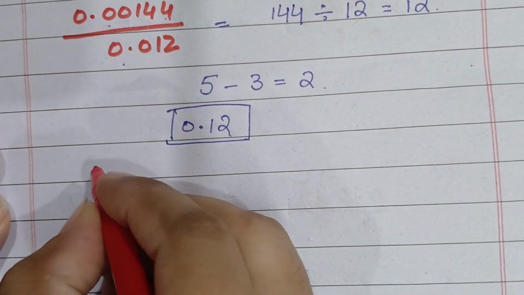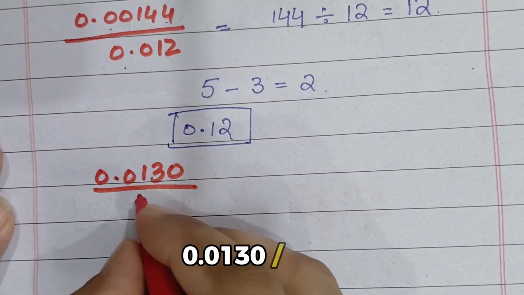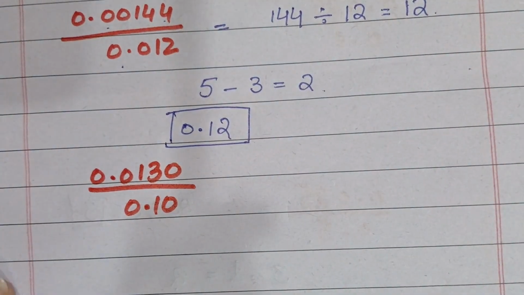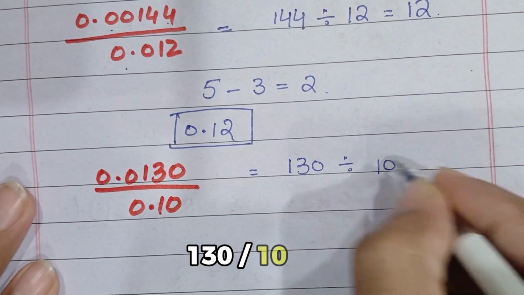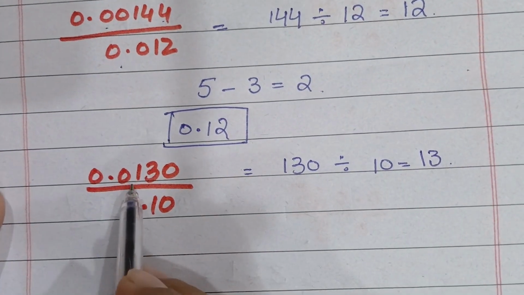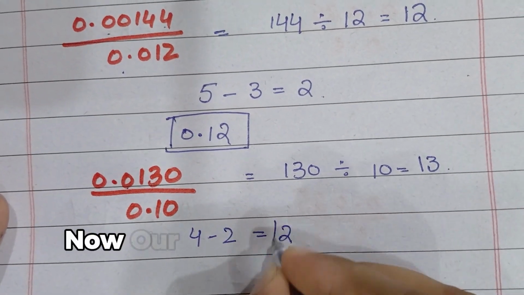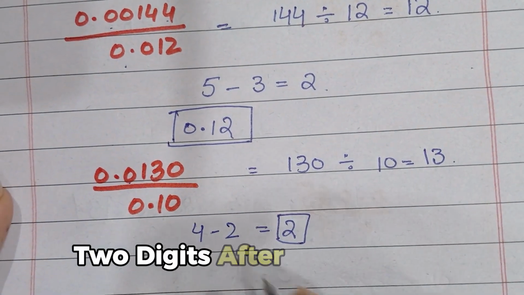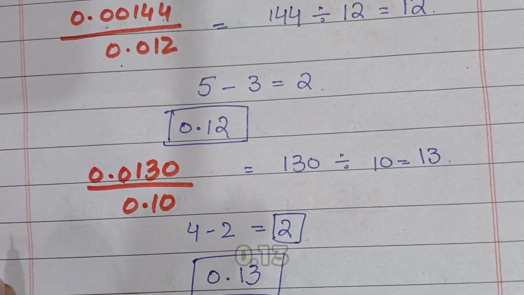Let's take another example, 0.0130 divided by 0.110. First, 130 divided by 10 is 13. Now subtract 4 minus 2 equals 2. Now our final answer should contain 2 digits after the decimal, which is 0.13. This is our final answer for this example. You can just try at home.